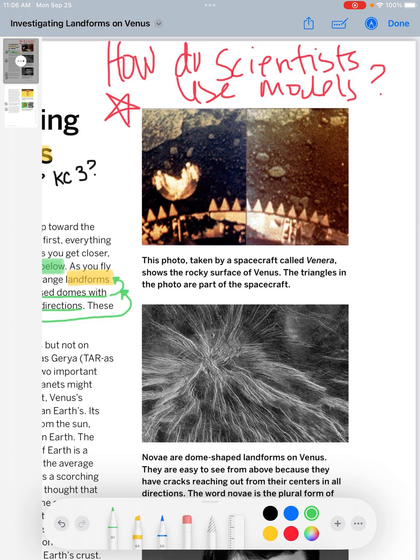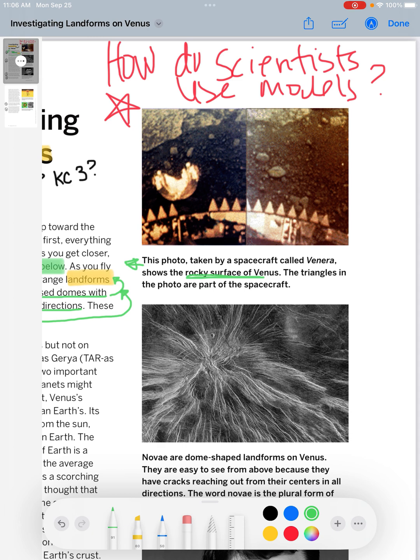This first one, it says, this photo taken by a spacecraft called Veneria shows the rocky surface of Venus. I'm going to go ahead and underline rocky surface. I know that's what we're talking about here. The triangles in the photos are part of the spacecraft.